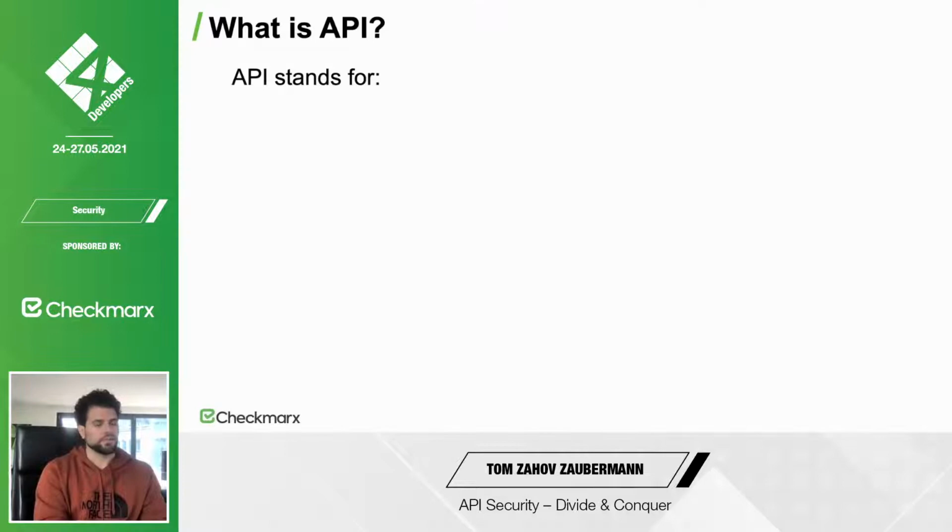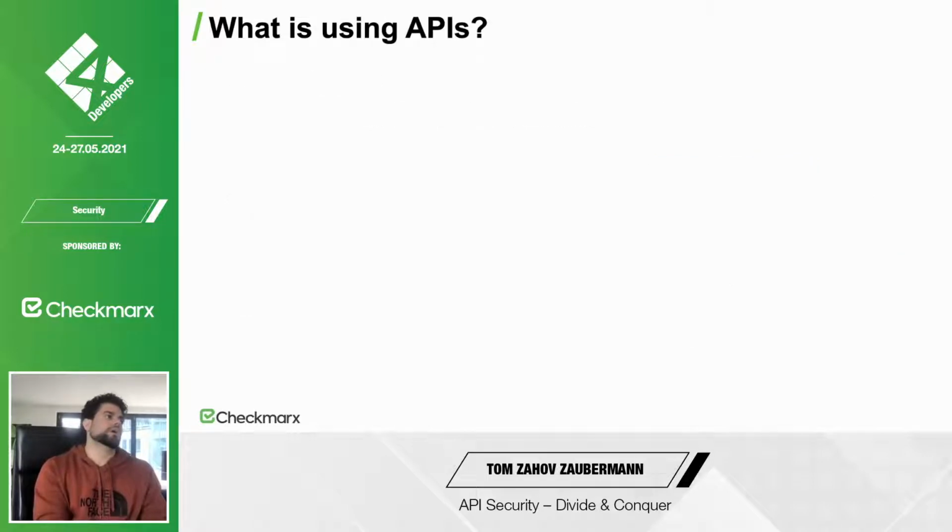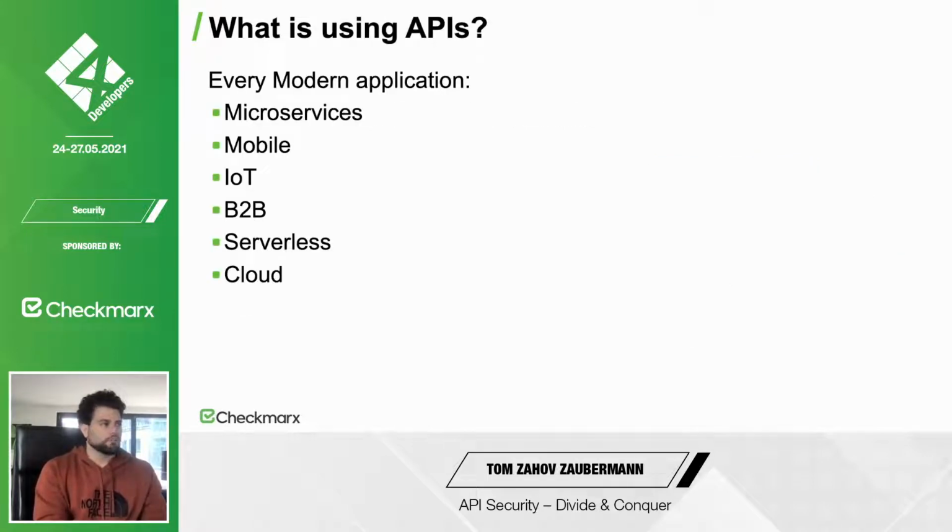So let's dive in. API stands for Application Programming Interface. I hope most of you are already aware of APIs. But to take the easiest definition, it is an interface or communication protocol between a client and a server. That's the base definition of an API.